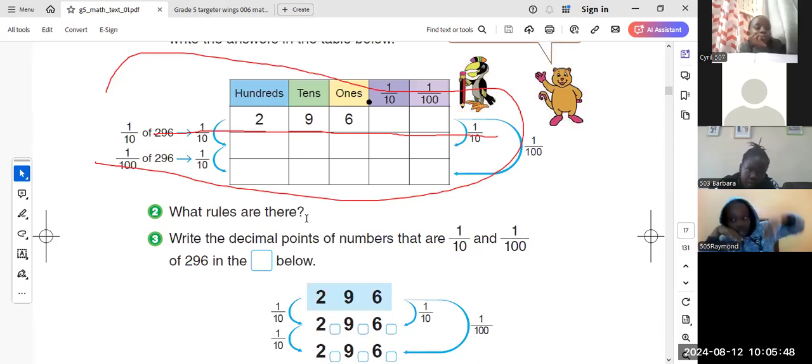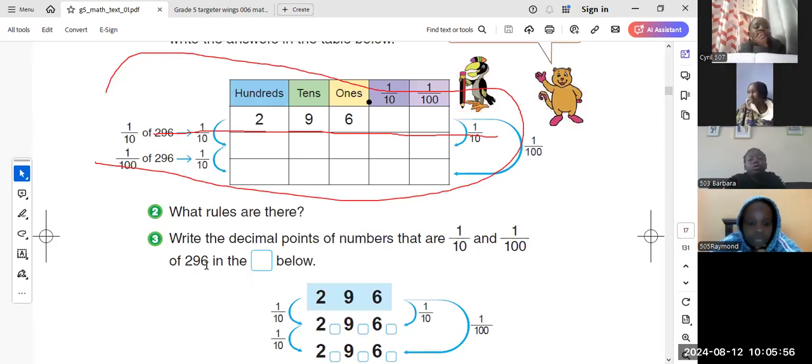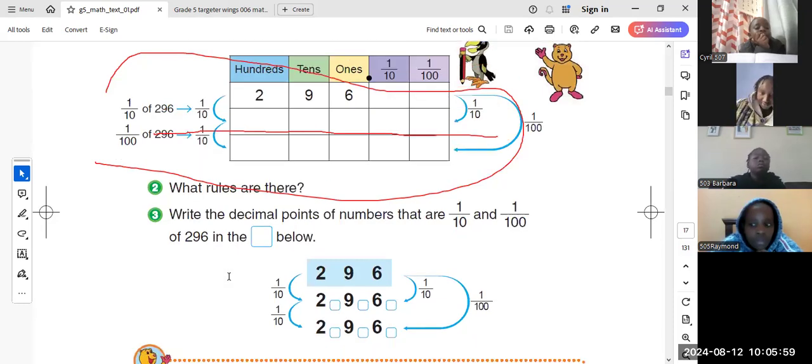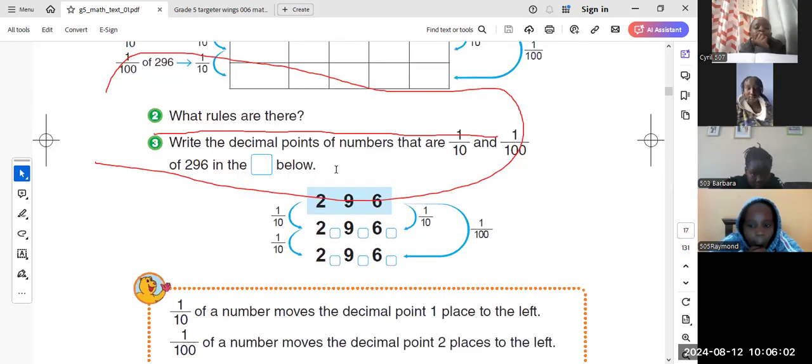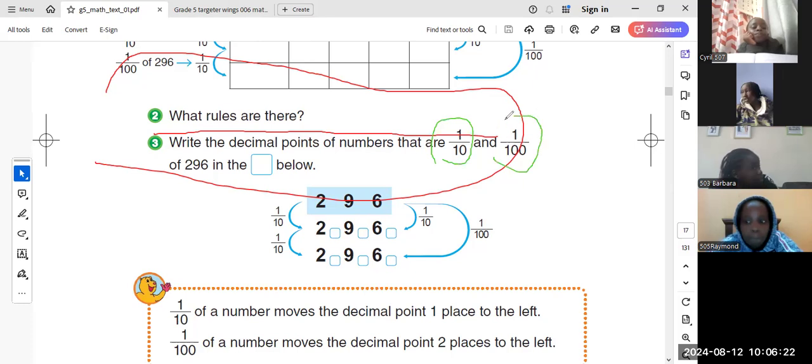For example, if you are to use 296, write the decimal points of numbers that are 1/10 of 296 and 1/100 of 296. It simply means you have to divide. You take 296 and divide it by 10, then you take 296 and divide it by 100.